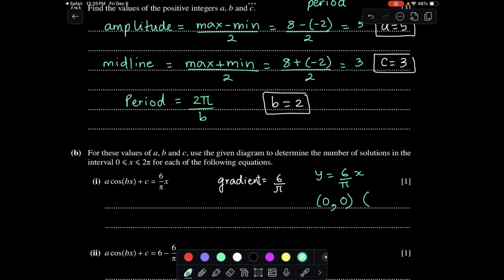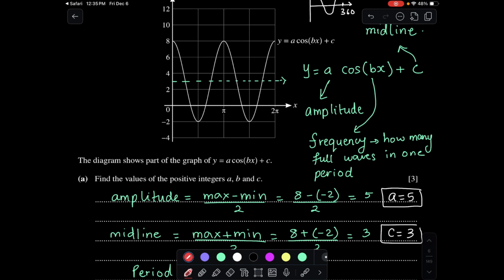If x is pi, then y is 6 over pi times pi, which is equal to 6. So we have the two coordinates 0, 0 and pi, 6. Plot those, it's this one, and draw a straight line passing through both of them.